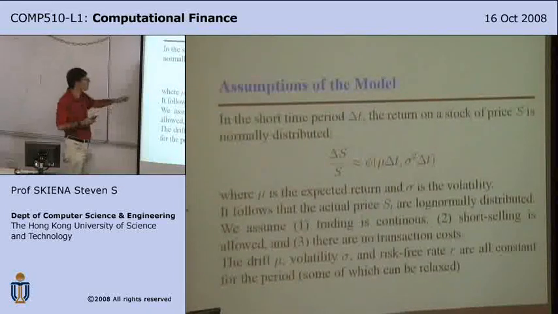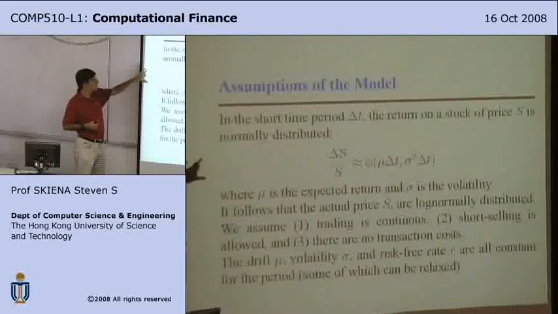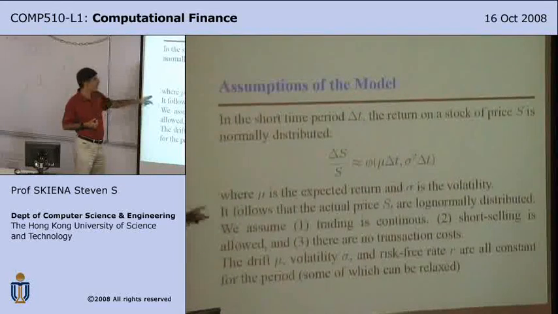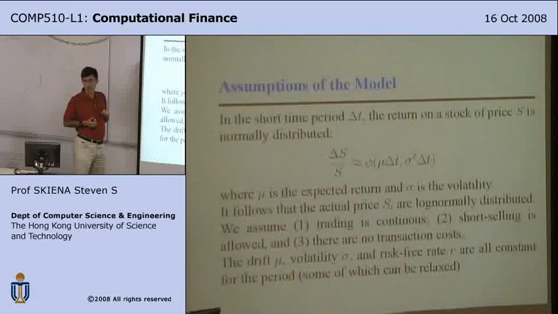As we'll talk about a little bit later, if the returns are normally distributed, that means the percentage up and down movements, the actual prices are log normally distributed. What does this mean?